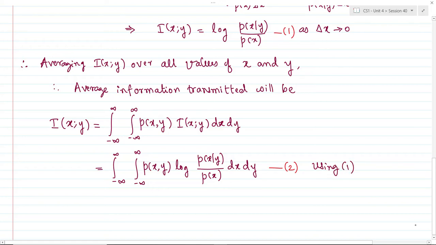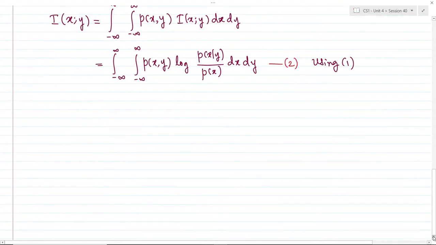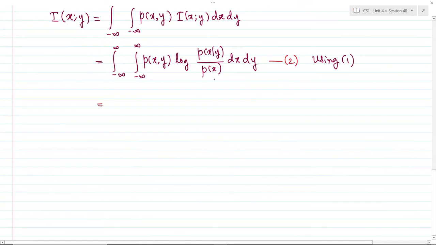Then we can simplify this further, since there is a log of a over b term, we can split that into two terms.